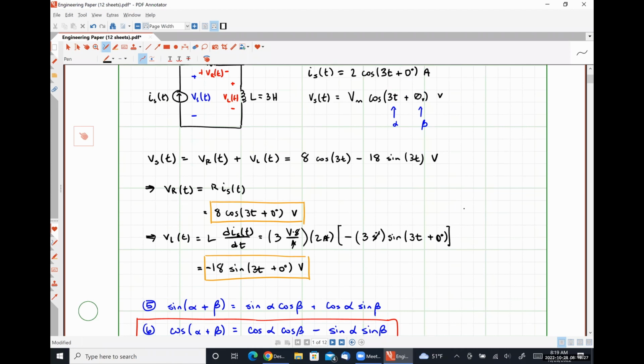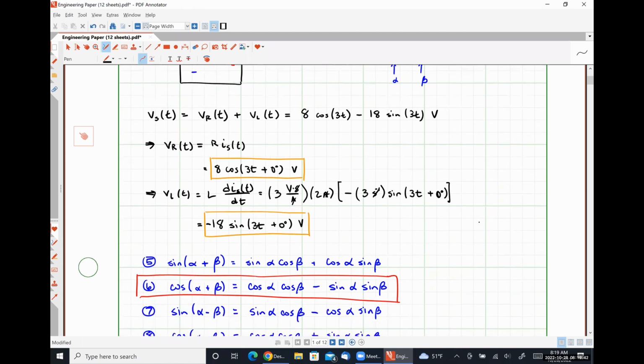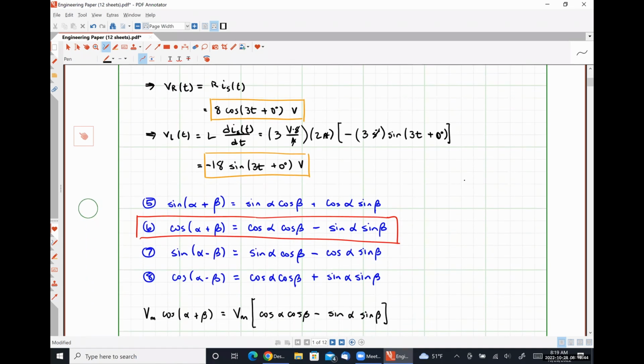So here for VR, our first term, we have 8 cosine of 3t plus 0 degrees. I'm trying to think if I want to go that route or not.